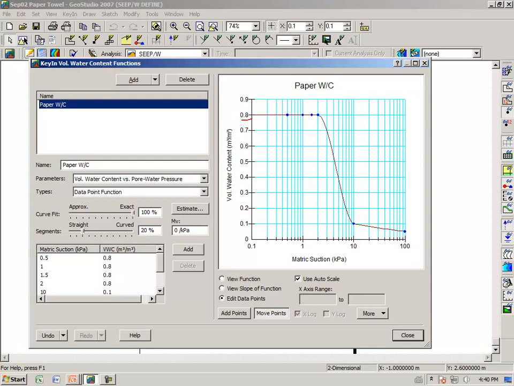We said that the porosity was 0.8. We said that the air entry value would be 2 kPa. And we said we would drop down to 0.1 by the time we get to 10 kPa. So there is the paper volumetric water content function.